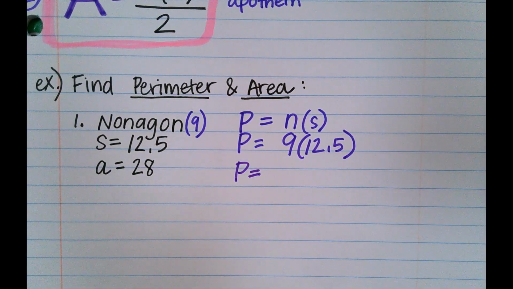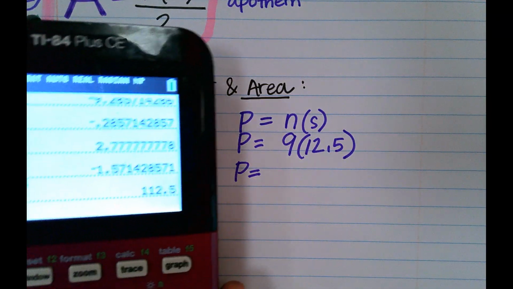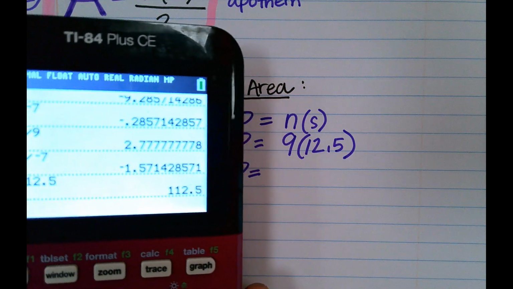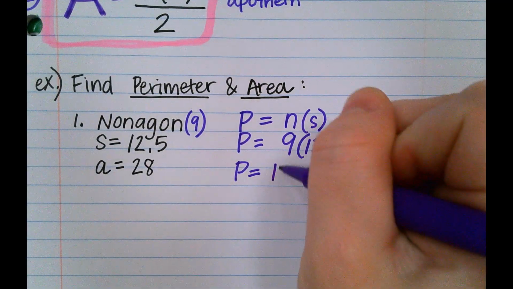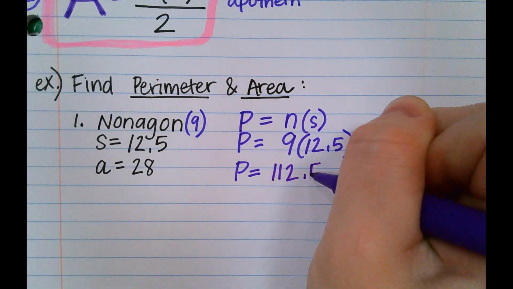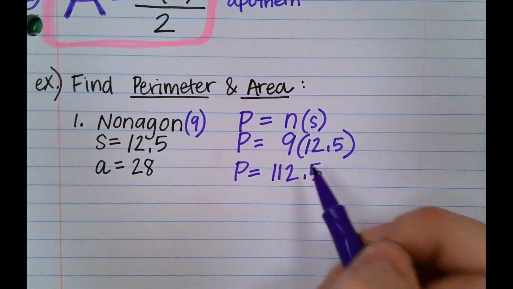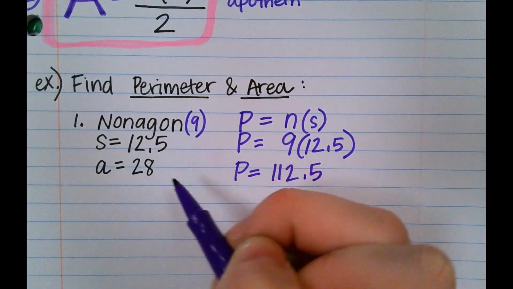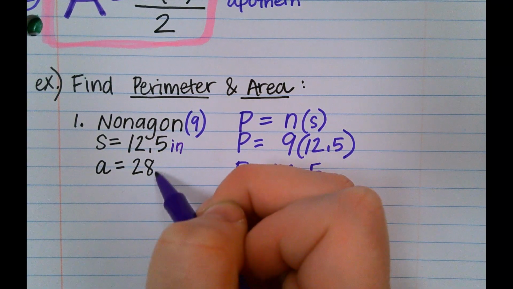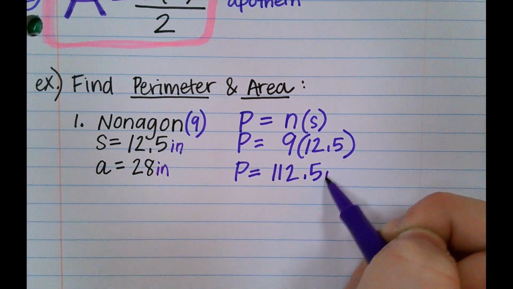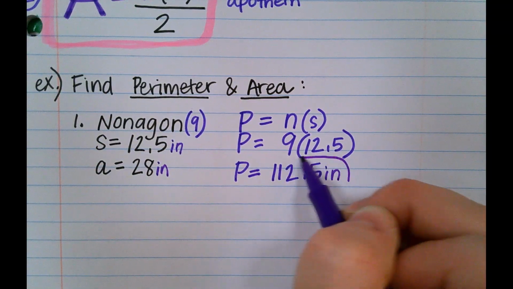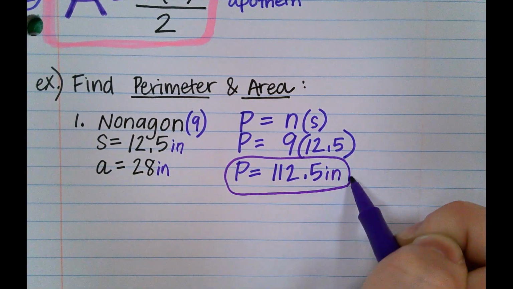And so my perimeter would be 112.5. Yes, 9 times 12.5 is 112.5. Perfect. And I didn't give you units. Let's go with inches. So my perimeter is 112.5 inches.